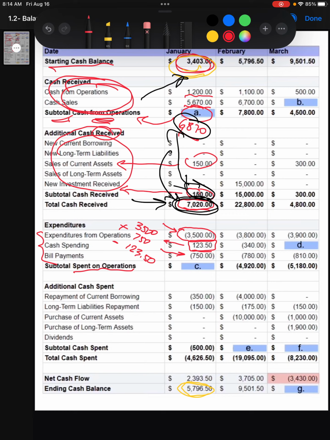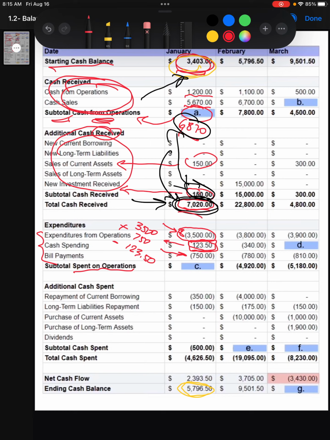Right now, I'm just calculating the expenditures. So these numbers, 3,500 and 750, is money that eventually I'm going to subtract from the money that I already had. So this is money that I actually received. I'm going to explain that in class, and if it's too confusing for you, just feel free to contact me for a further explanation.